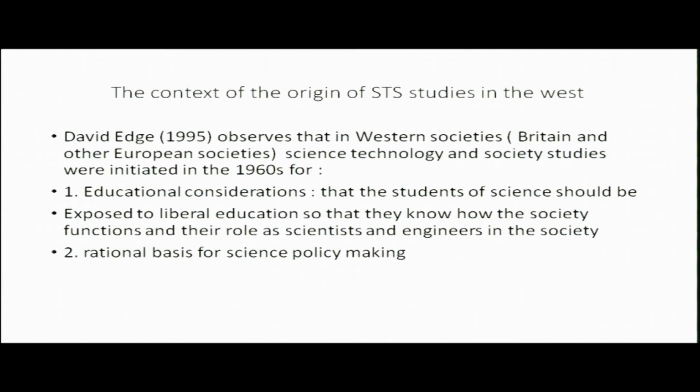The context of origin of STS studies in the Western societies. According to David Edge, in Western societies, Britain and other European societies, Science and Technology Society studies were initiated in the 1960s for educational considerations, that the students of science should be exposed to liberal education so that they know how the society functions and the role of scientists and engineers in the society.